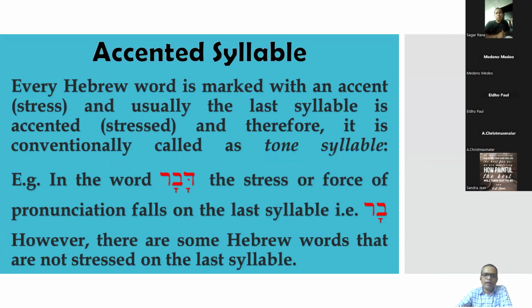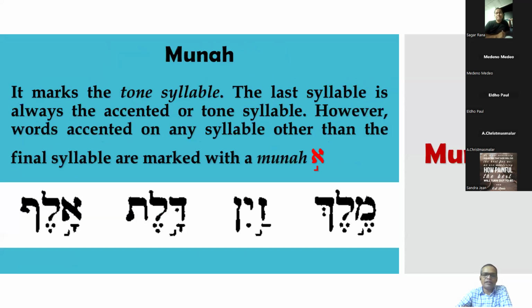But if we need stress on other syllables, how can we do it? That is done by other accents. The first type of accent is called munna.